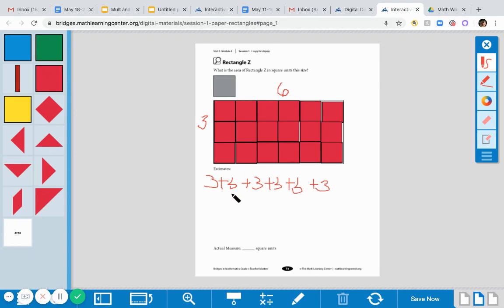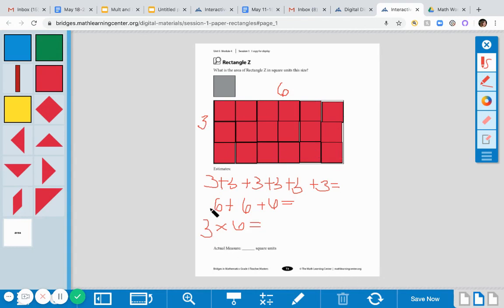Or you can add 6 together 3 times, 6 plus 6 plus 6. And if you want to get really fancy, you could multiply 3 times 6. All 3 of these equations are going to give you the same answer. They are all different ways to find the area of the object right here.